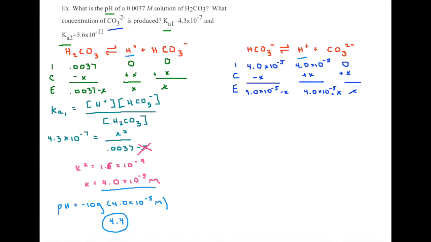So I'm now going to plug these values into my Ka2, which equals the concentration of H+ times the concentration of CO3 2-, all over the concentration of HCO3-.